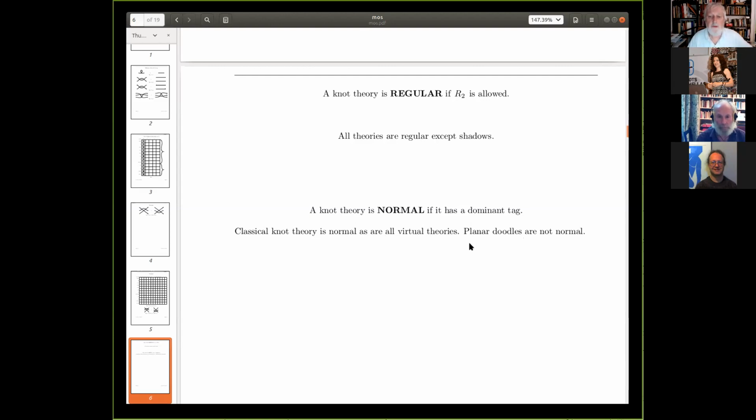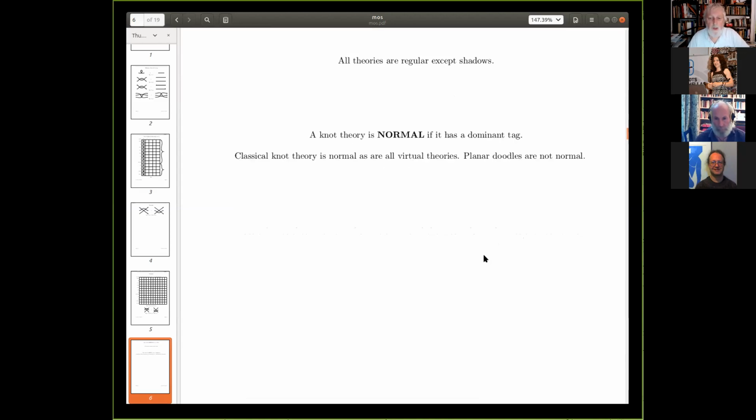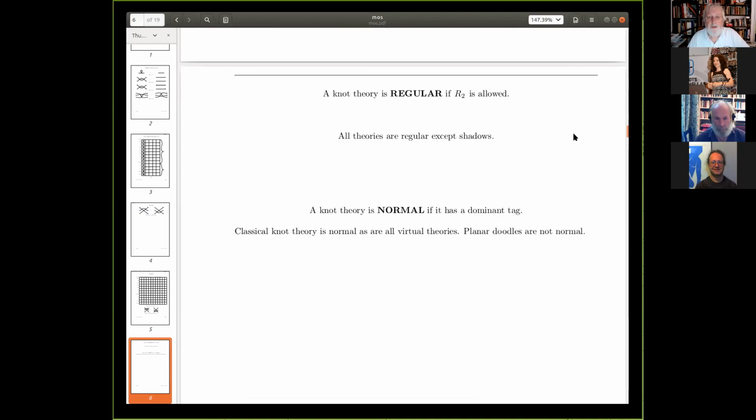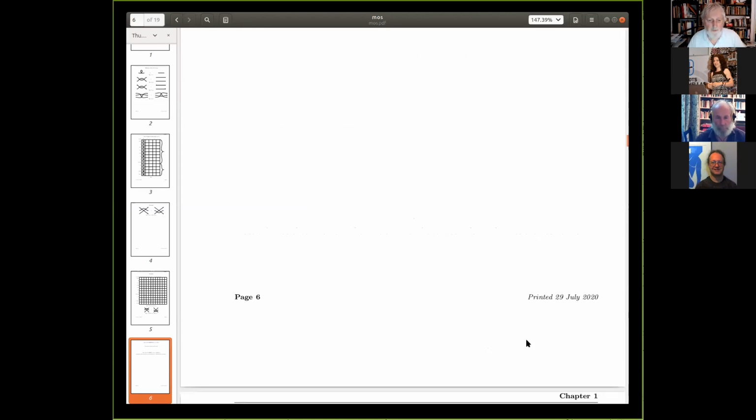Because you've got the virtual crossing which dominates the doodle crossings. Technically, a knot theory is normal if it is regular and has a dominant tag. But since they're all regular anyway, that's irrelevant.